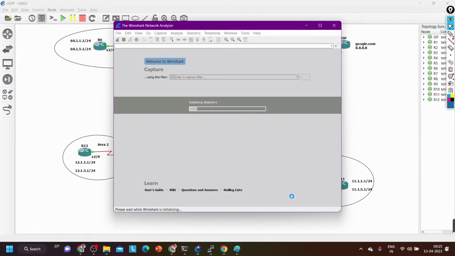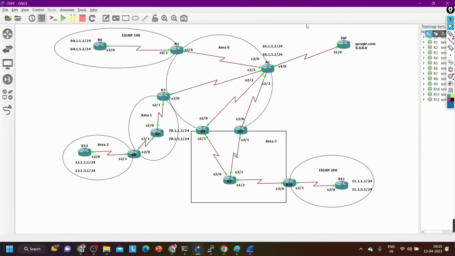So router number 3, 4 and 5, which are my ABR routers, will filter LSA 5. But there is some problem. We will understand why we have the concept of NSSA area then.